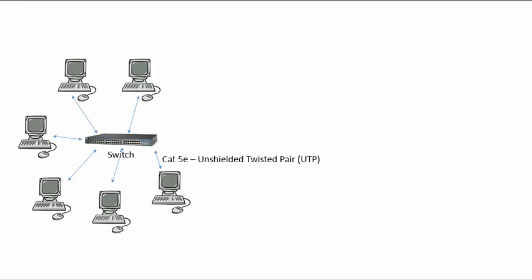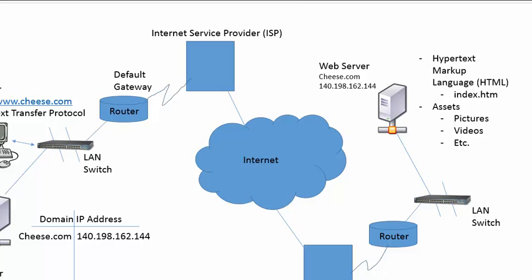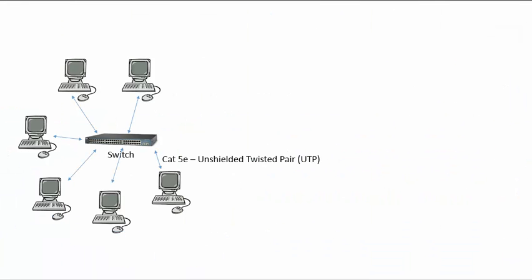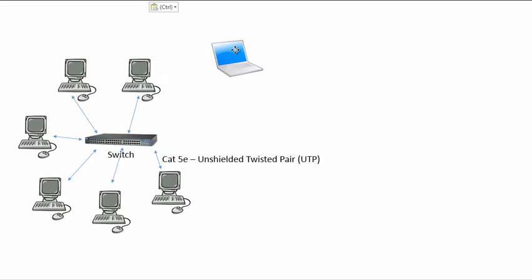But there are some devices that aren't wired, such as laptops or smartphones. So these devices are wireless devices, and they need a way to connect into this network as well.